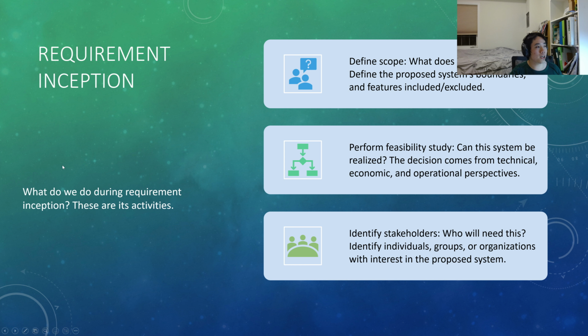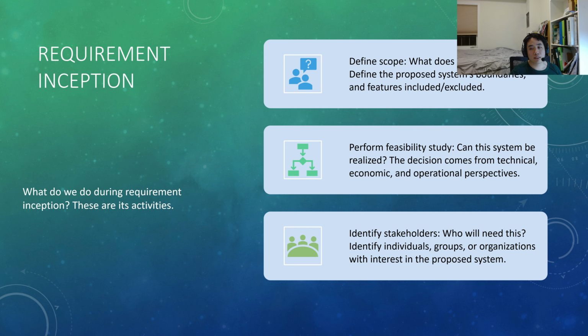So how do we perform requirements inception? First you define the scope. What does the system do? What are its boundaries? What features can we include? Then we have a feasibility study. Can we realize the system?